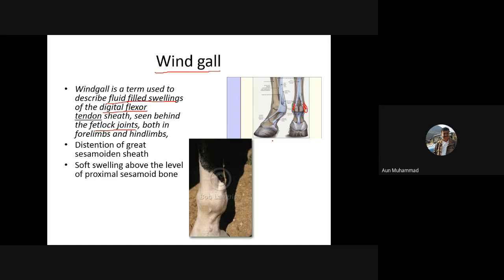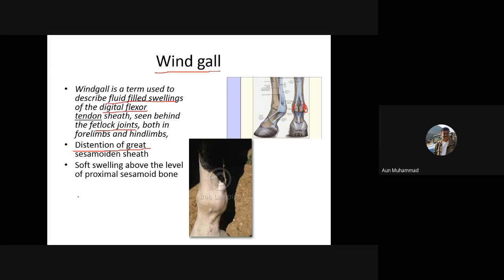And usually, I mean, the sesamoid bones have their own sheath, and when this fluid is filled, this sheath also becomes distended. So you will see the extension of the great sesamoid sheath because of the over-secretion and overfilling of fluid on that side.